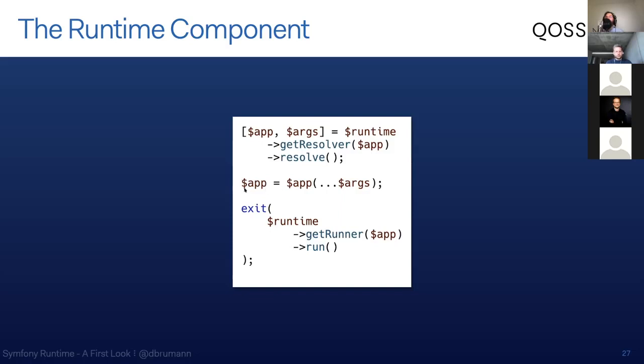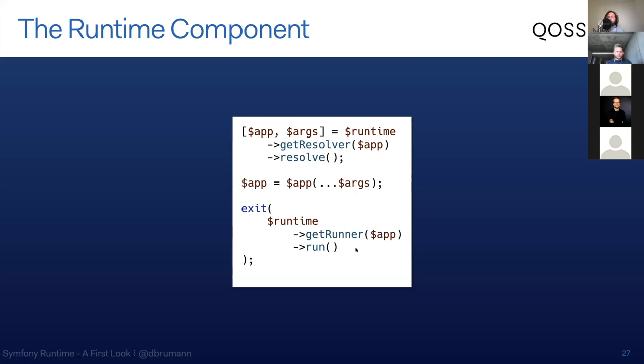And what we get back is an application. So in terms of the index PHP, you get back a Symfony kernel. And in terms of the console, you get back a console application from this callable. And then this application will be passed to the runner, which runs this.